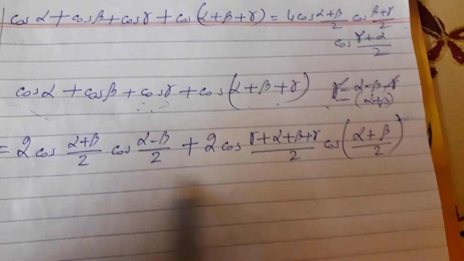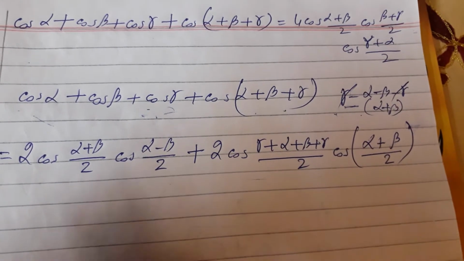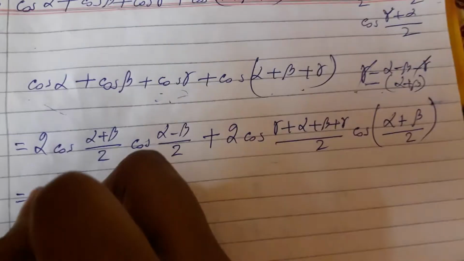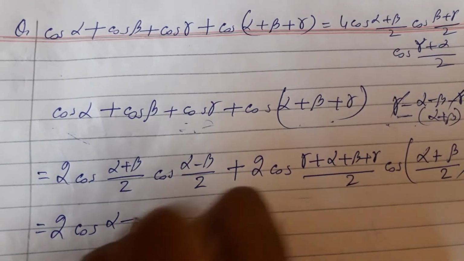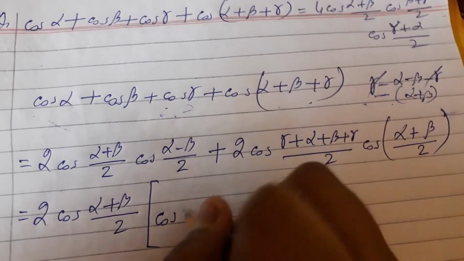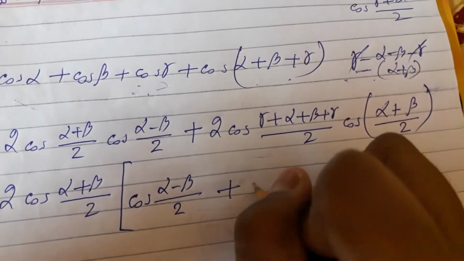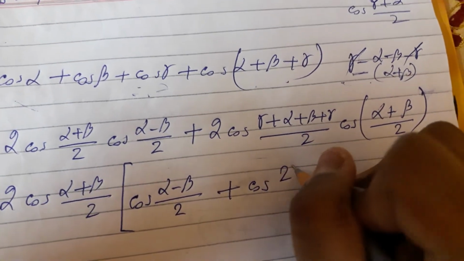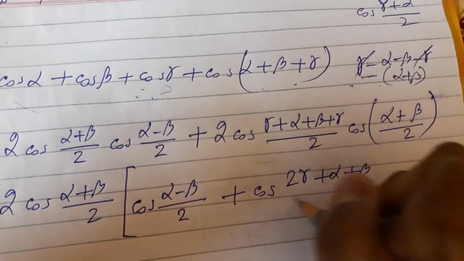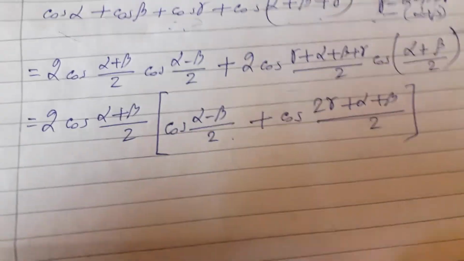Now in this format we can take common. What is the common part? Yes, the common part is 2 cos((alpha plus beta)/2). We take it common and write cos((alpha minus beta)/2) plus cos((2 gamma plus alpha plus beta)/2). Then here also is the cos A plus cos B format, so we have to simplify this also.